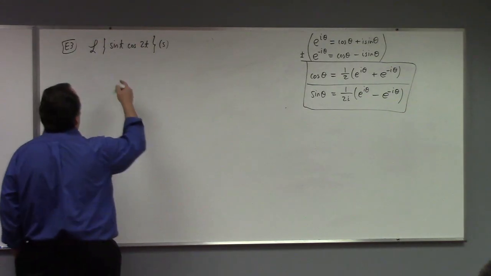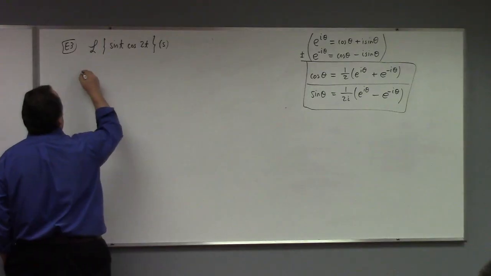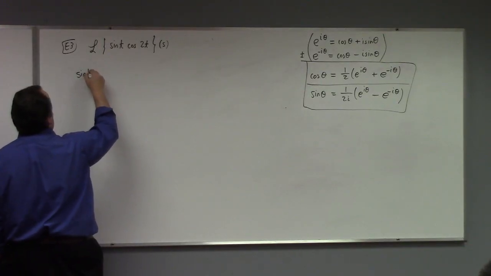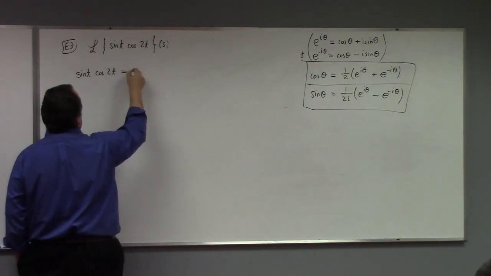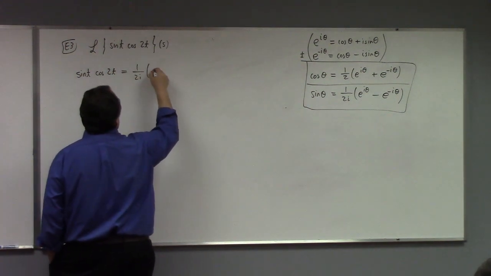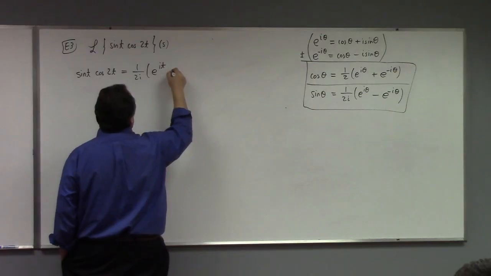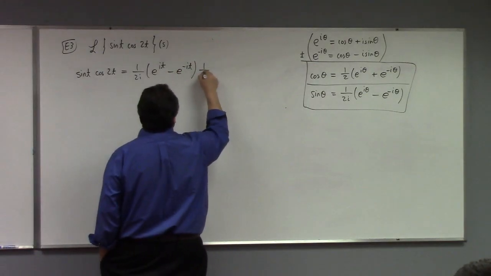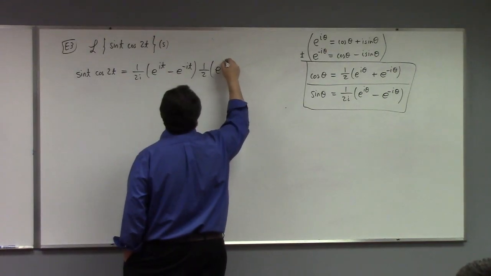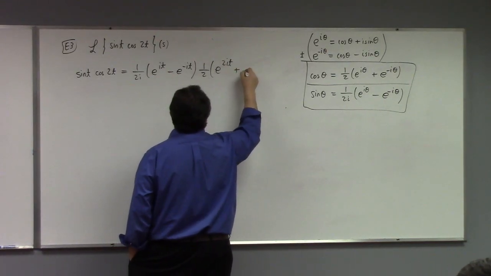All right, so before I can do that, I'm going to face the music here, which is that sine of t times cosine of 2t is actually 1 over 2i times (e to the it minus e to the minus it) times 1/2 (e to the 2it plus e to the minus 2it).